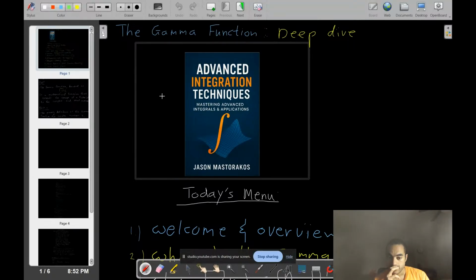Oh, and by the way, some of you who've seen my videos before might be asking why I am going back to the gamma function if I've already done quite a few videos. It's to reiterate some things in more rigorous detail and to combine different ideas from not just the book, but mathematical theory in general.